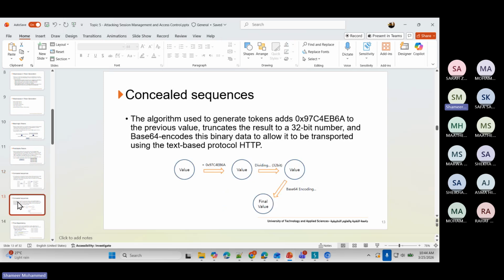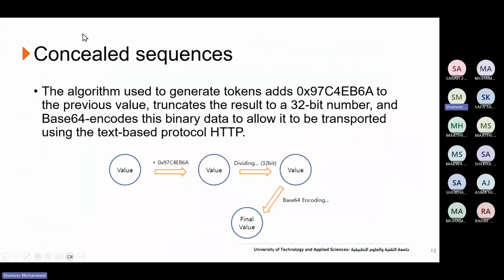Example here. See, concealed tokens: how you prepare them is you follow a certain algorithm, like the SHA-256 algorithm or any other algorithm like RSA, to generate some tokens. So an algorithm is used to generate the token. To that token, you are adding this value, some hexadecimal value.